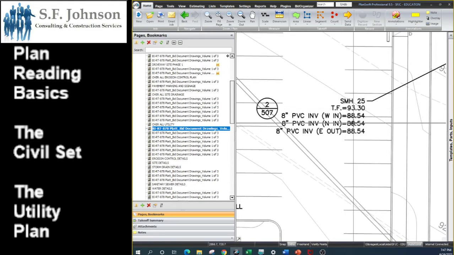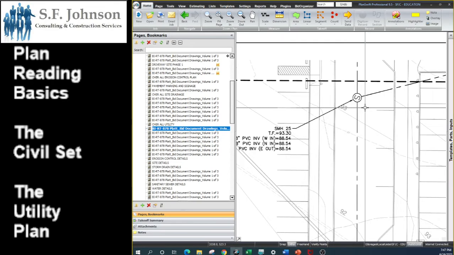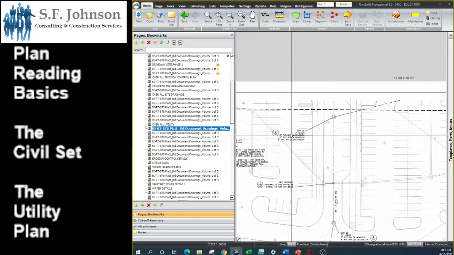And so our inlets in from the west side, in from the north side, east side out, giving us our elevations. So we will know how to connect our 8-inch PVC, and that's what these all are. Okay, so that's what those represent.